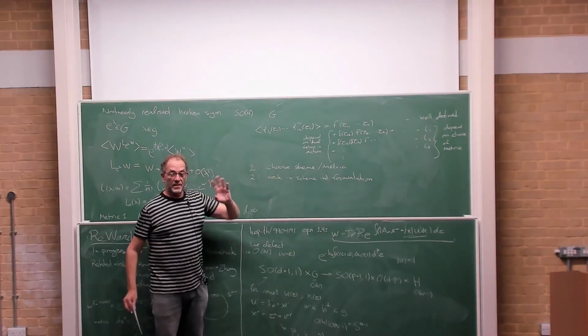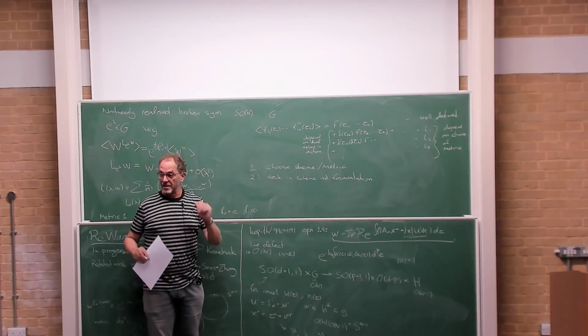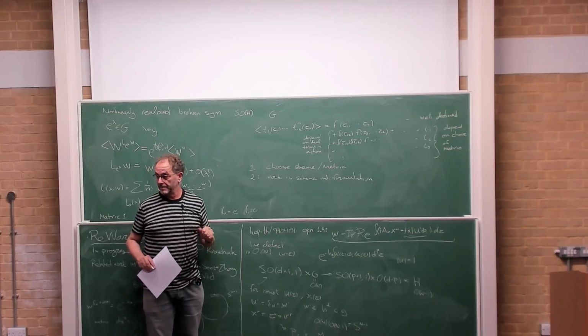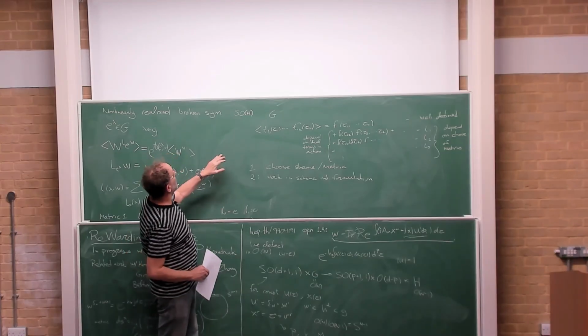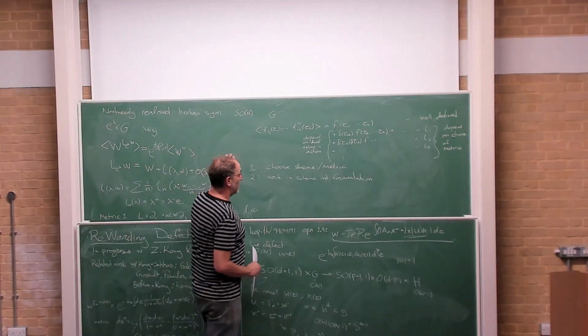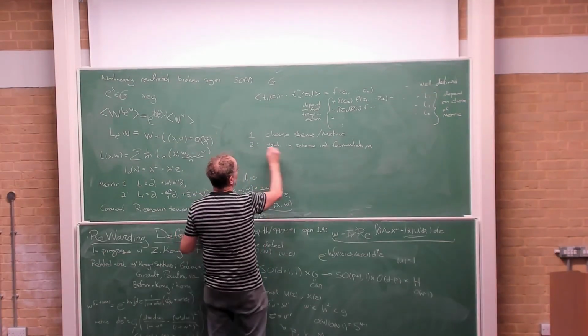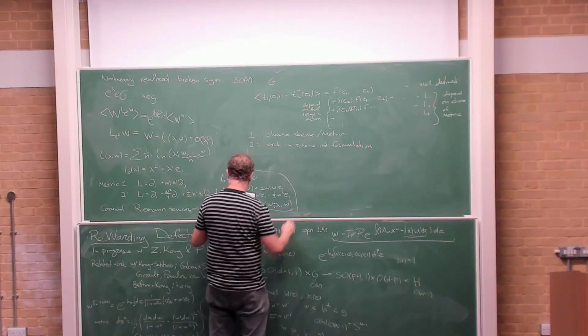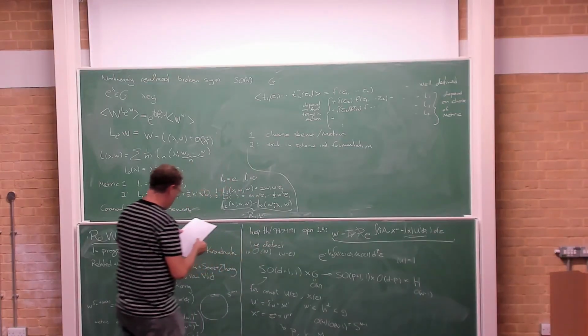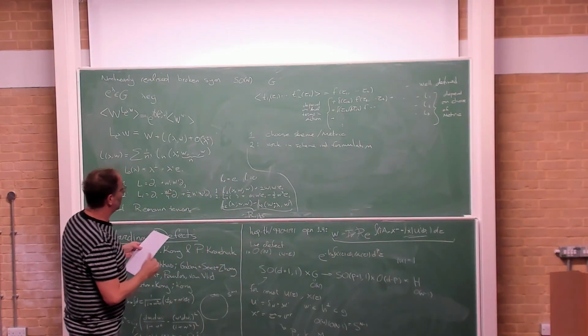It's then a bit subtle to know whether what you did is actually scheme dependent or not. The quantities they found were really scheme independent, but it's not a priori obvious. And in this way, you really derive what is scheme dependent and what is scheme independent.